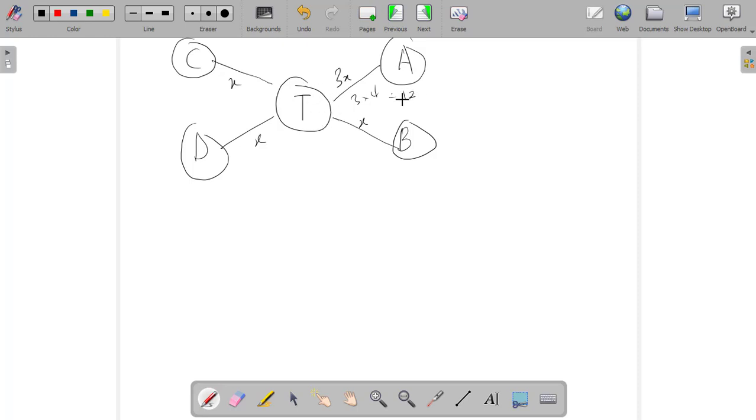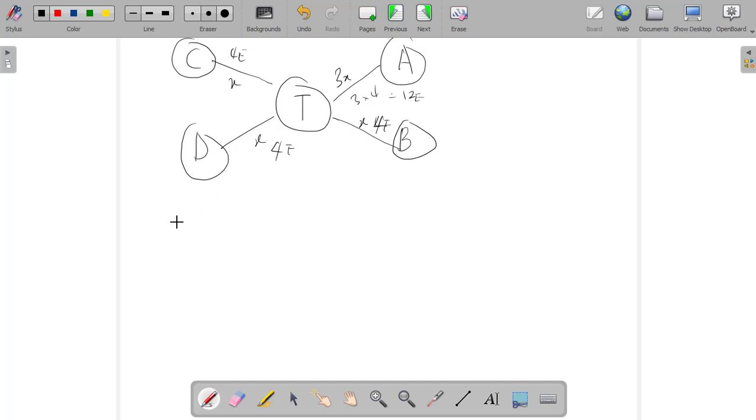Once the 12 erlangs get into the tandem exchange, the tandem will forward 4 erlangs to B, 4 erlangs to D, and then 4 erlangs to C. And so this is the basic operating principle of the tandem exchange.